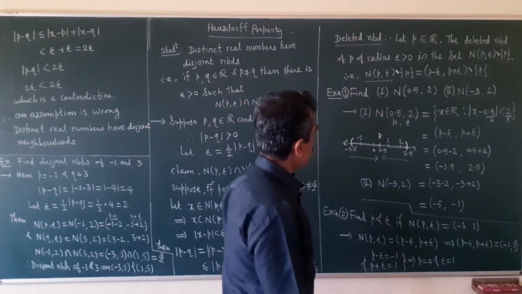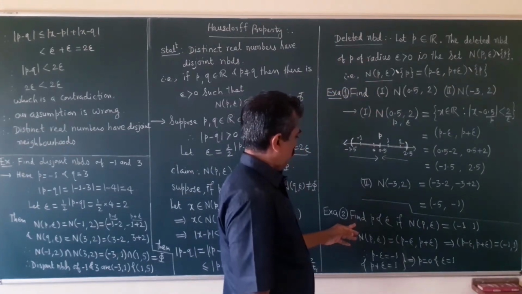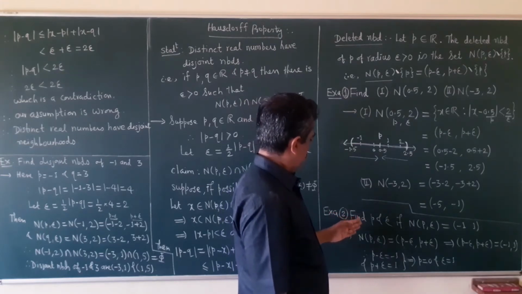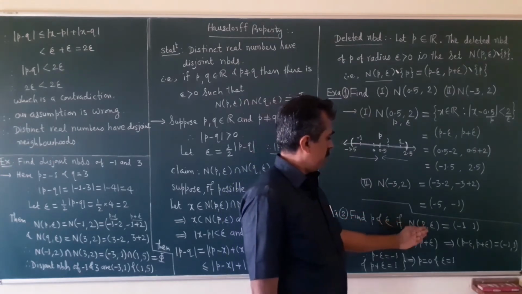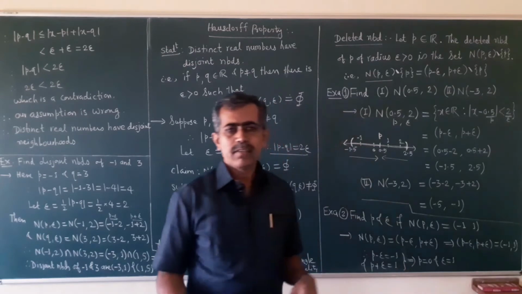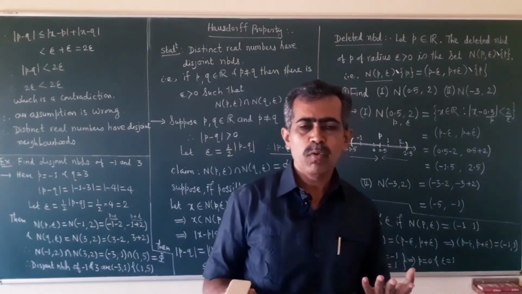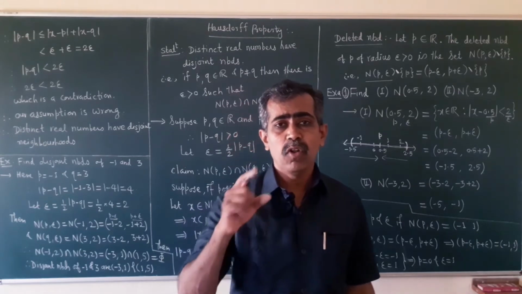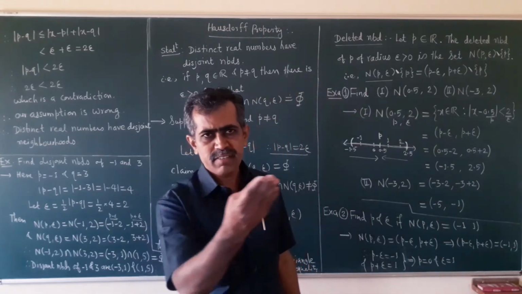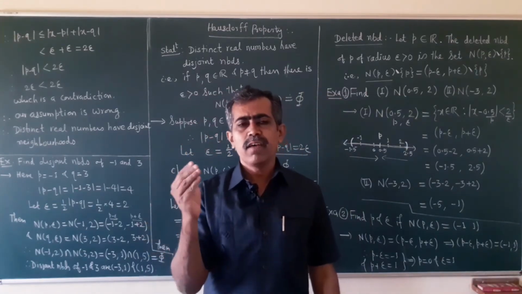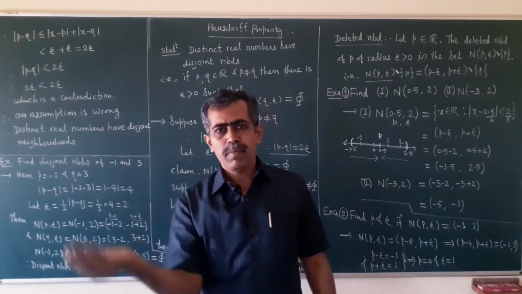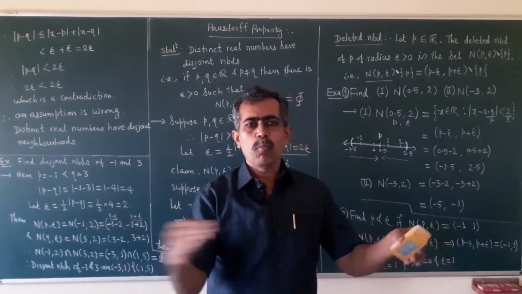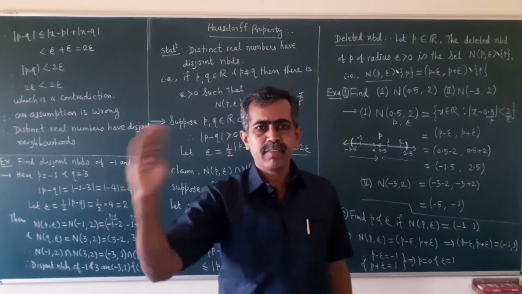Now see one more example. Find P and epsilon if N(P, epsilon) is given. I have told you what neighborhoods are. If you consider the neighborhood of any point P of radius epsilon, it is always the open interval (P minus epsilon, P plus epsilon).